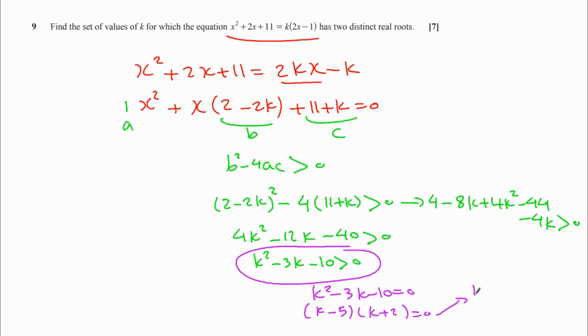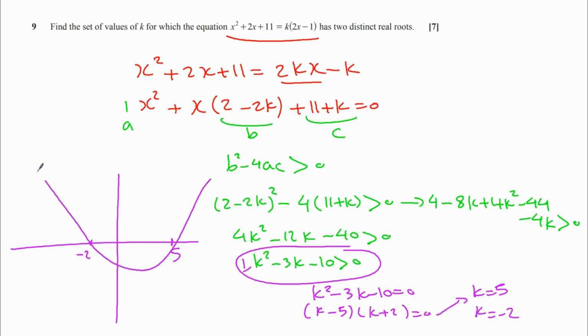So from here, k would be equal to 5 and k would be equal to minus 2. If I imagine a quick drawing for myself, that function k squared minus 3k minus 10 is intersecting the axis at 5 and at minus 2. Also, the a for that, this 1, is positive, so this would be a quadratic function in this upward-opening form.